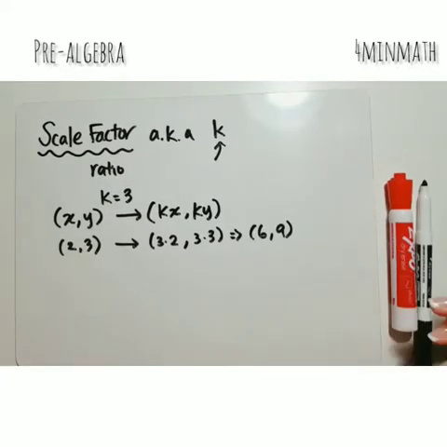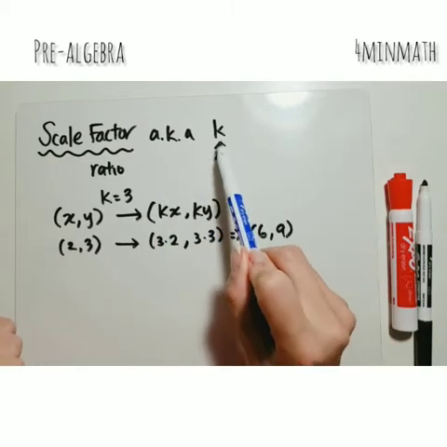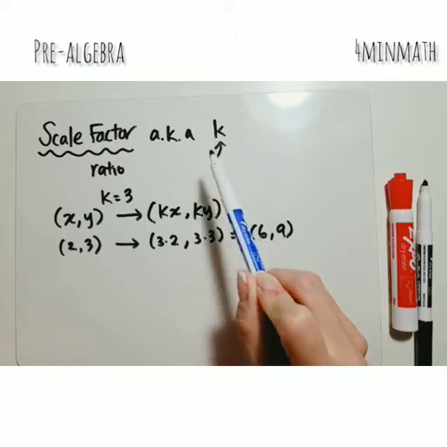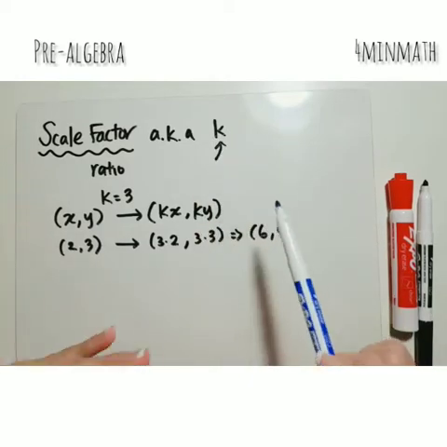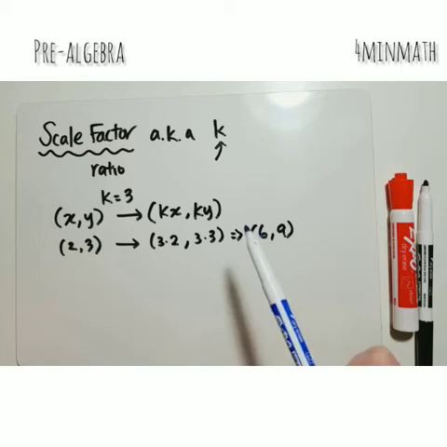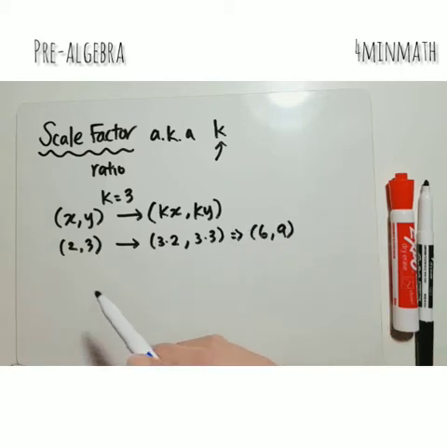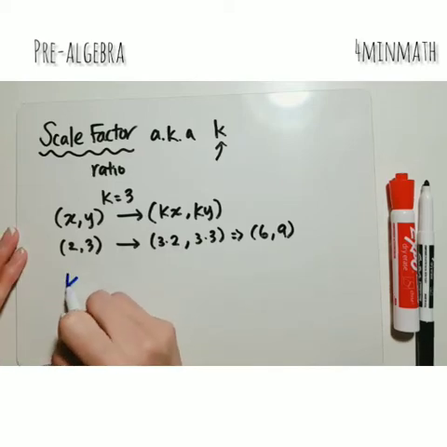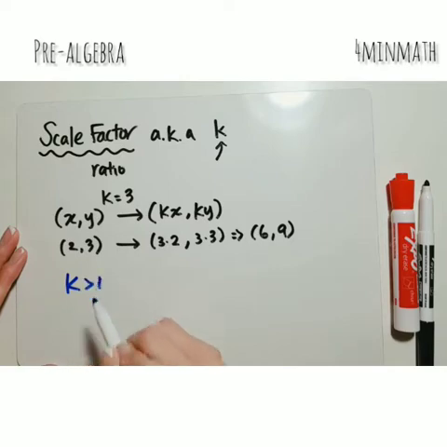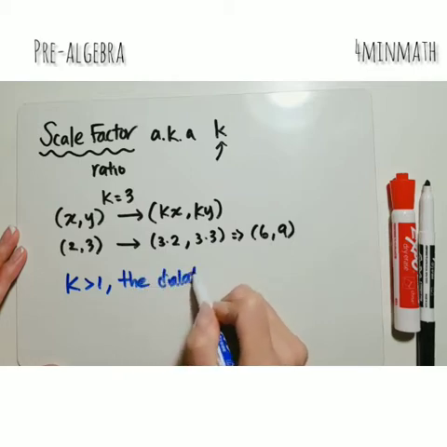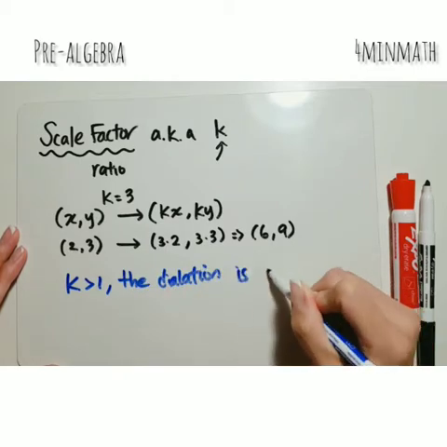So in other words, when I'm given a value of k, which is my scale factor, I'm going to multiply k to all of my coordinates for each vertex of the figure to get the image from the original. Another important piece of information: when k is greater than 1, the dilation is an enlargement.